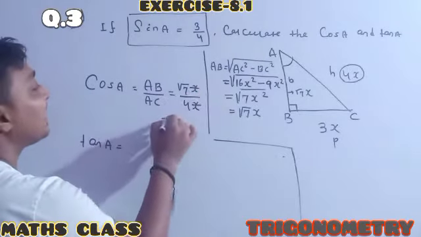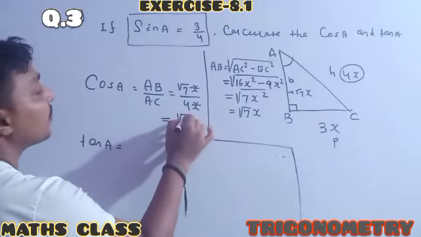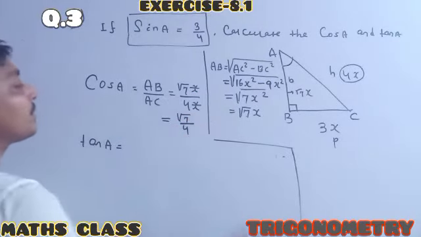X cancelled, which gives us root over of 7 divided by 4.